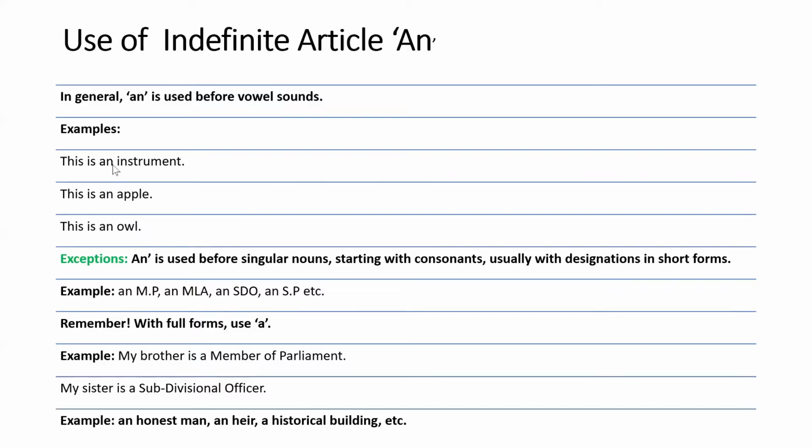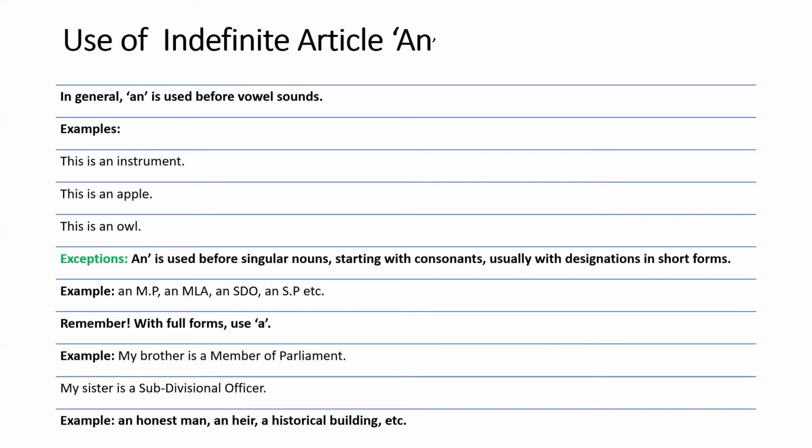You can very well see I is a vowel, A is a vowel, O is also a vowel. So we have used "an" here.